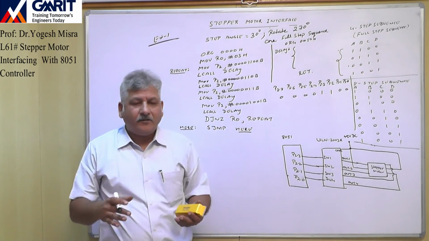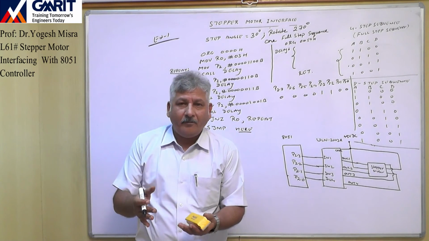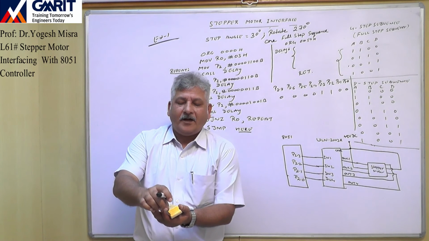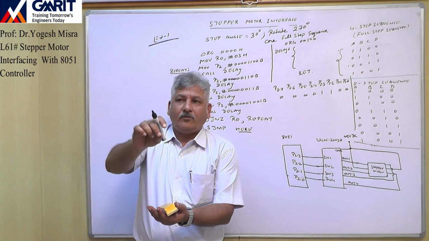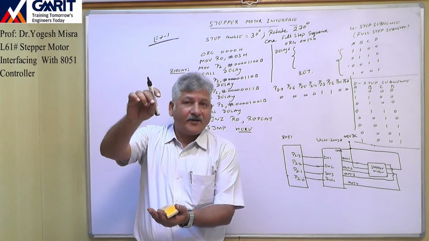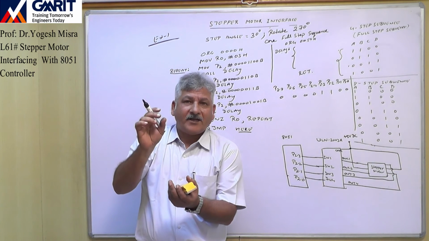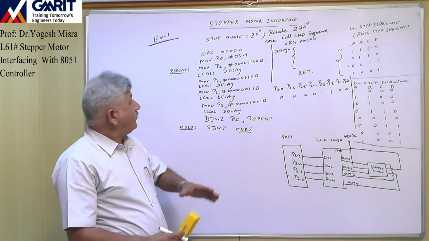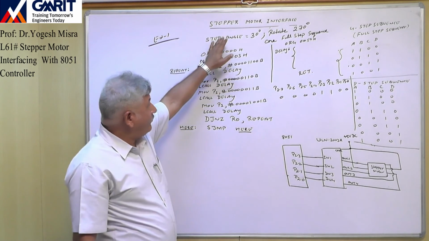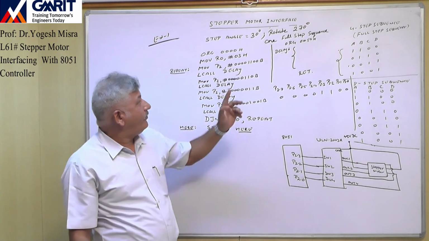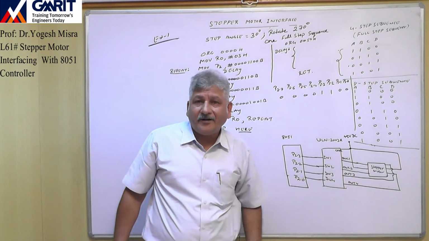Suppose we are developing a robot arm, and the application is that the robot will pick one object and it has to be moved up by 270 degrees. So that precise movement is required. Here we have the same motor with a step angle of 30 degrees. So how will we rotate it to get 270 degrees?